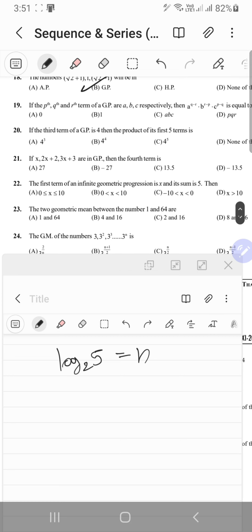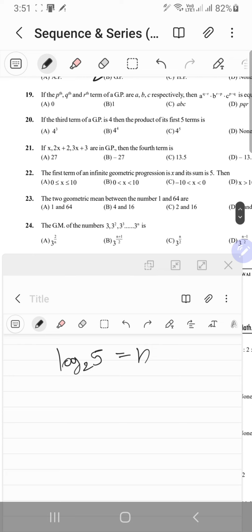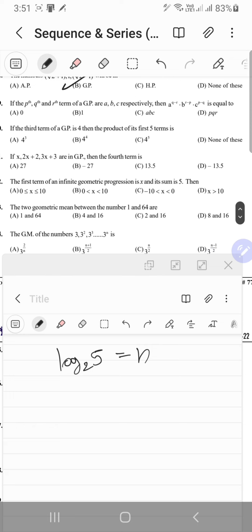Next, if the p, q and rth terms of a GP are a, b, c respectively, then this thing is equal to, okay, rth term of a GP. Okay, cool.